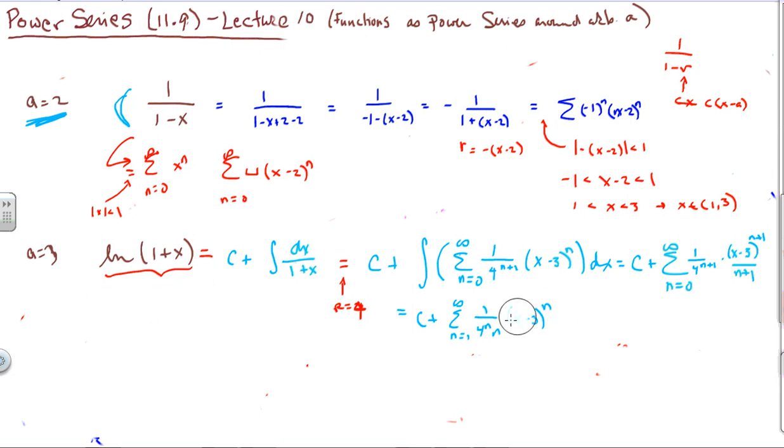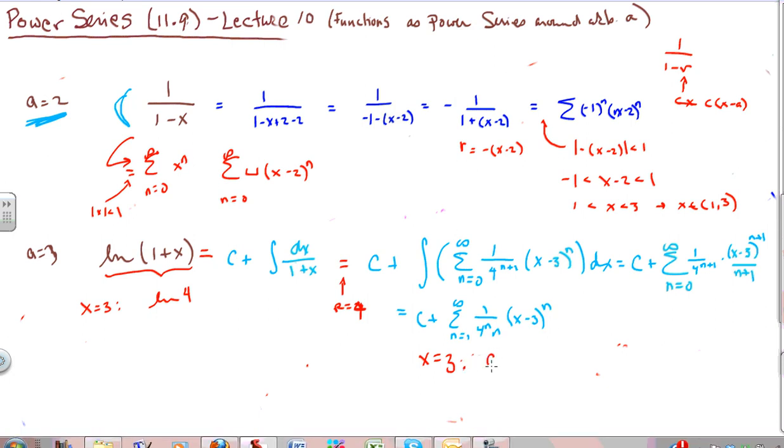So what cancels most of the terms over there? x equals 3 cancels that. So we're going to plug in x equals 3 to solve for c. At x equals 3, this side here is going to be ln of 4, right? And this side over here at x equals 3 is going to be c plus 0. All of these other terms cancel.